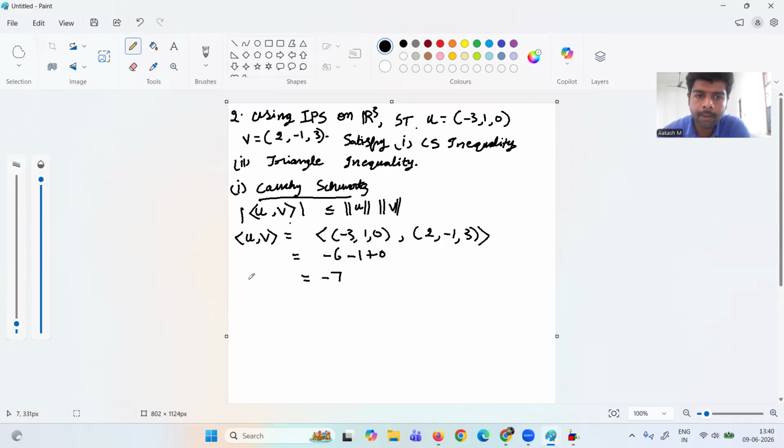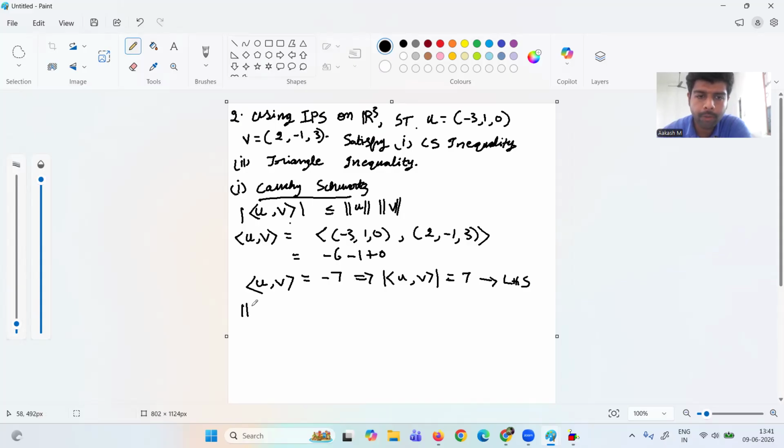The modulus of the inner product of u comma v, -7, will be positive 7. This is your left hand side.